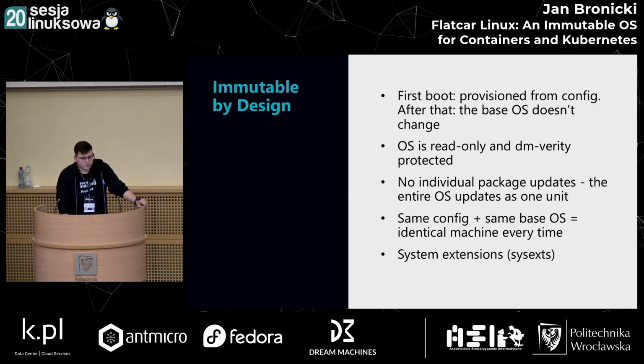One thing that is very important to mention is that it is immutable by design. When we provision that system on the first boot, the base OS does not change after that. So if you get a package A, which you shouldn't be using anyway because you're supposed to containerize everything, it's going to stay that way. The OS is mounted as read-only. You cannot change anything. If you go into /usr/bin and even try sudo rm, it's not going to work.